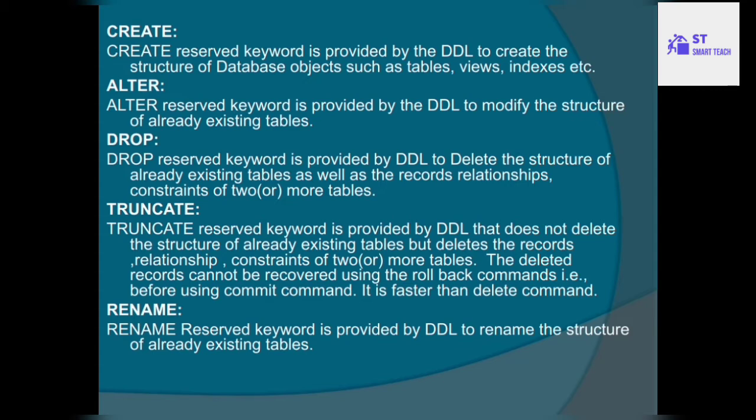The difference between drop and truncate is that drop deletes the structure and contents of the table, but truncate only deletes the contents in the table, which means rows, columns, records, but does not delete the structure. The deleted records cannot be recovered using the rollback command once commit has been used. It is faster than the delete command. So the truncate command is faster than the delete command.